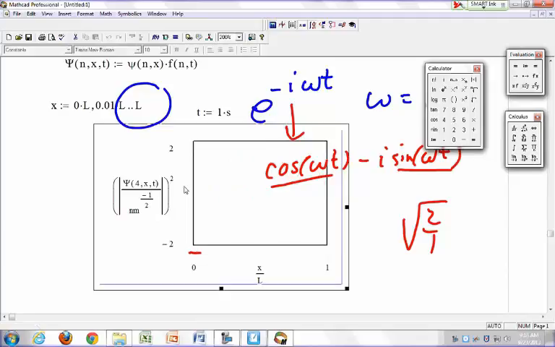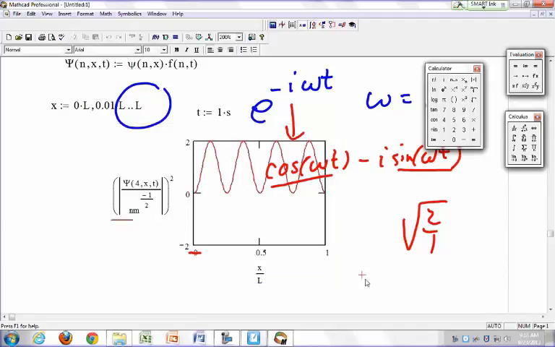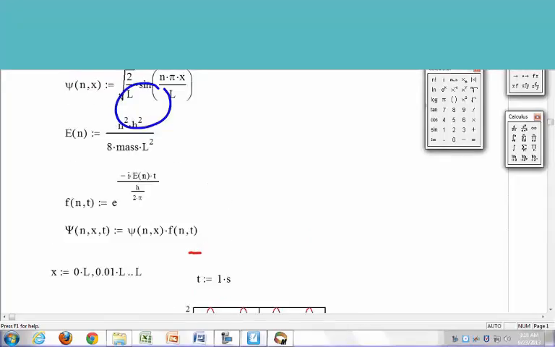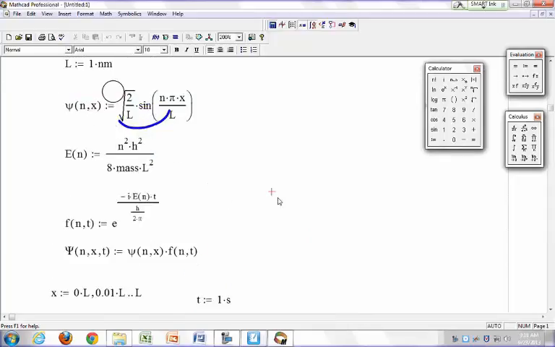So that's the square of the wave function, right? So what would happen now if I were to change my time? Okay, what's the cycle time for the part that depends on time?